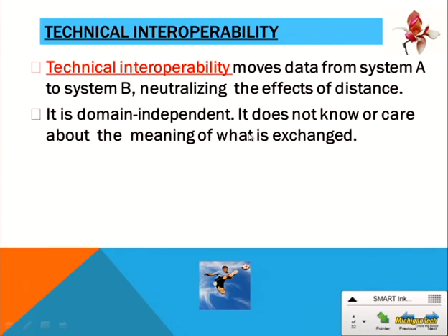It is domain independent. It does not know or care about the meaning of what is exchanged. Perhaps what you exchange is an email or it's medical records. I don't care. I just know that this interoperability can move the data from A to B.